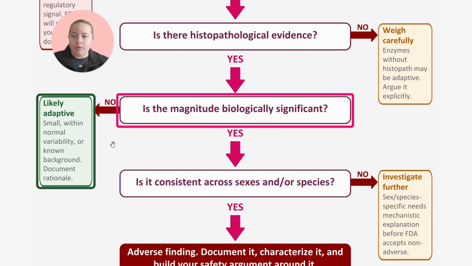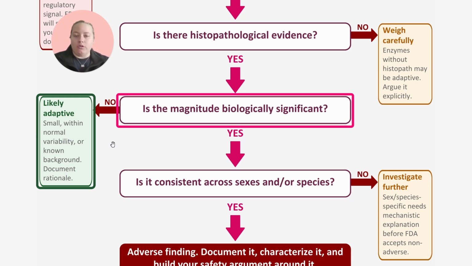This is also where historical control data comes into play, meaning that if you have a finding that is not biologically significant and it is likely adaptive, it's likely because you're able to show that it's within the normal range of that animal using historical control data. We use this a lot, especially with the tox species that we have. There are a wide range of databases out there for historical control data.